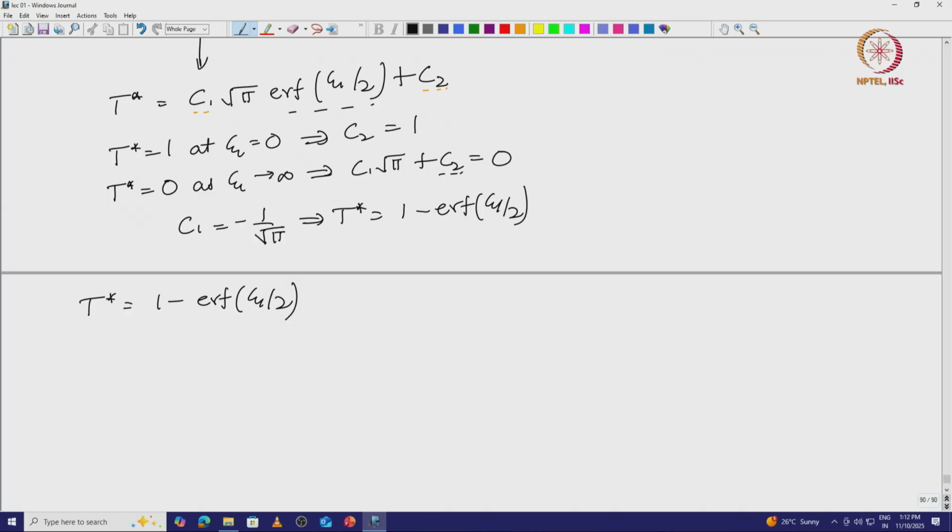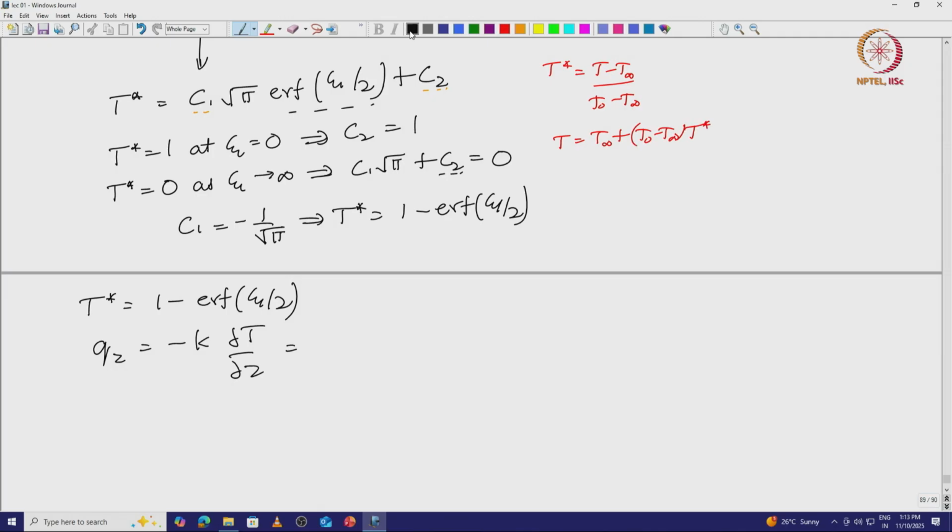Now, we also have to get the heat flux at the surface, and I will write the heat flux q z in the z direction is equal to minus k partial T by partial z. Note that we had defined T star is equal to T minus T infinity by T naught minus T infinity, which implies that T is equal to T infinity plus T naught minus T infinity into T star.